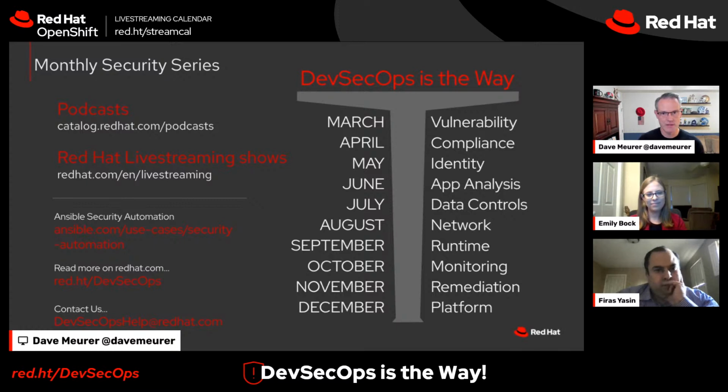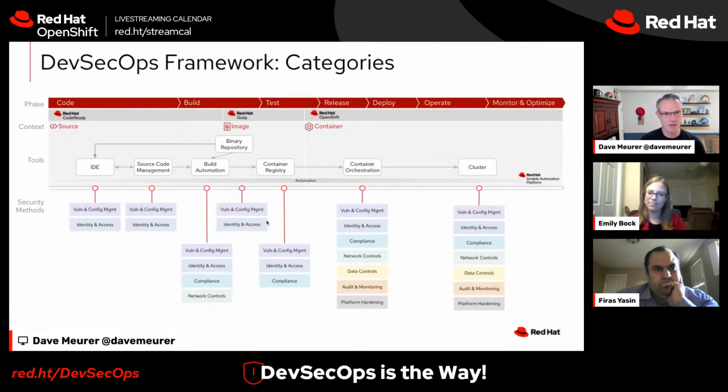This categorization might look familiar to some of you. If not, for others, this is part of a framework. This might be a little tough to see, but what we've done at Red Hat is built a DevSecOps framework that helps to categorize security methods, security functions within a DevOps pipeline.